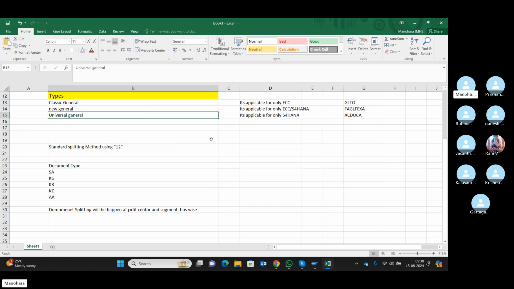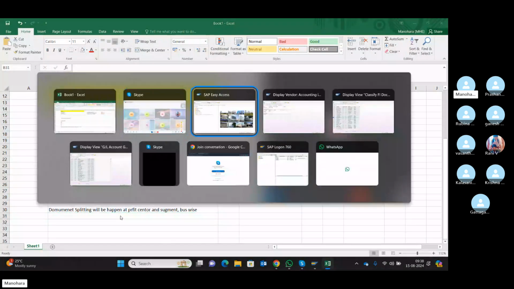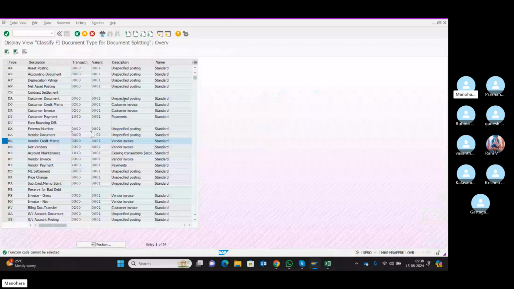And the second one. See, if anyone has a question, whatever I am telling, listen only. So standard documents are there, KH document or KZ, but some customized documents are also there. How will you do the document splitting here? Here there are no new entries.